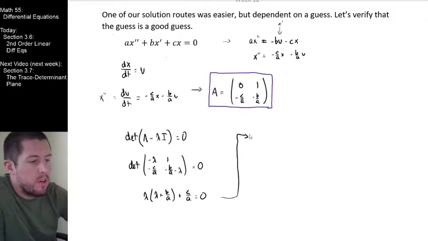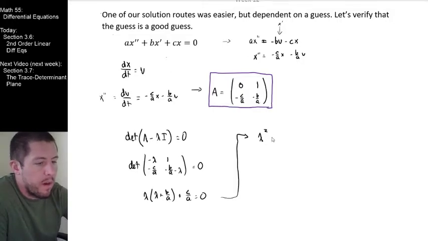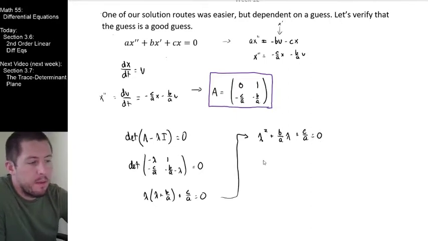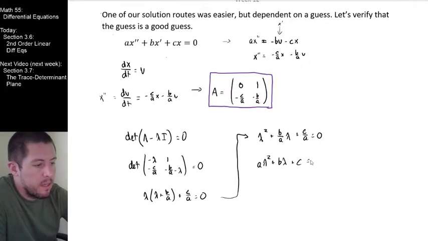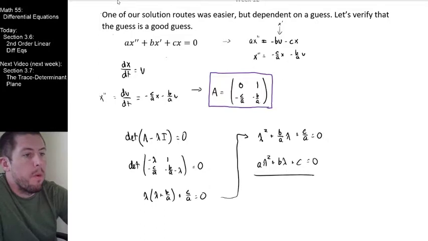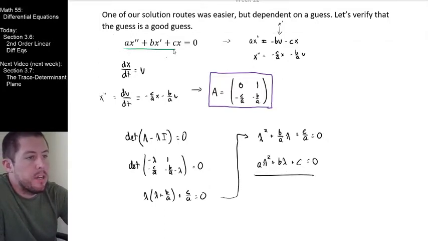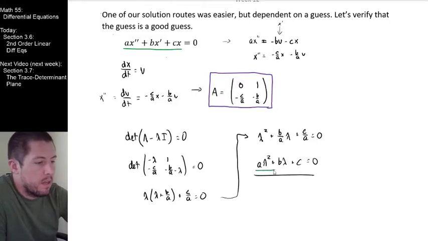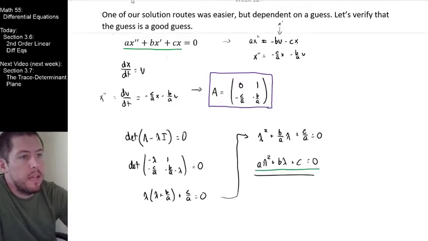And if I go ahead and try and solve this thing, I'm going to get lambda squared plus b over a lambda plus c over a equals 0. And I'm just going to multiply the whole thing by a, and we're going to get a lambda squared plus b lambda plus c equals 0. So the whole point here is that it seems like we were able to match up these coefficients between the two setups right there.